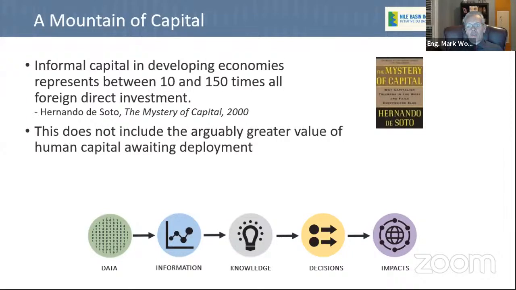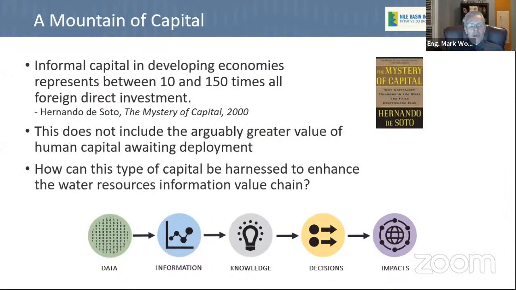And we don't really get to decide how the individuals in an economy deploy their own capital, but we want to figure out in our little piece how we can harness the potential of the people that are there to improve this value chain.